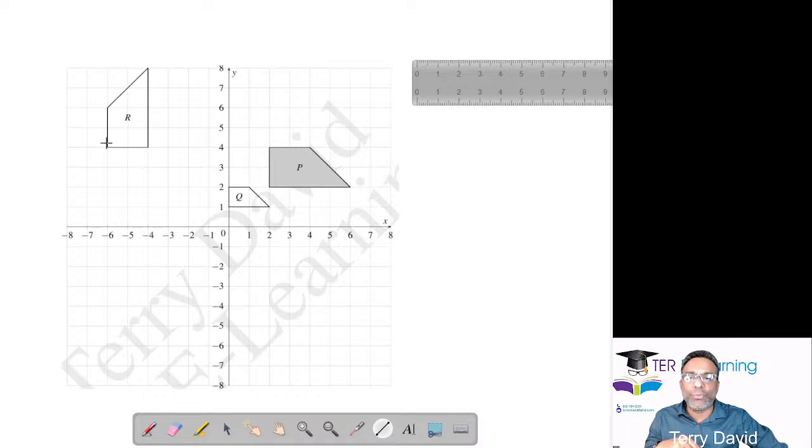So what you can do is select 2 points on each image. So let's say I'm going to use this point here on trapezium R, and I'm going to correspond that to this point here, right? I hope that's making sense for you guys.